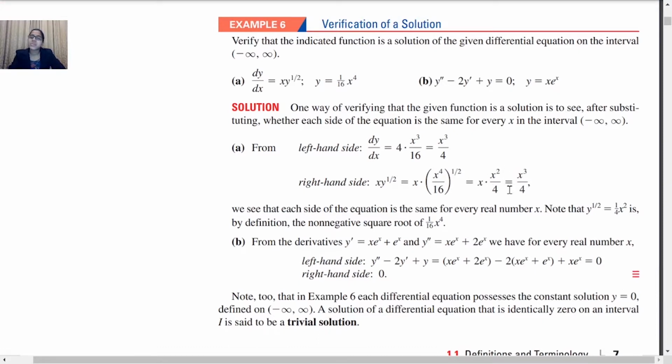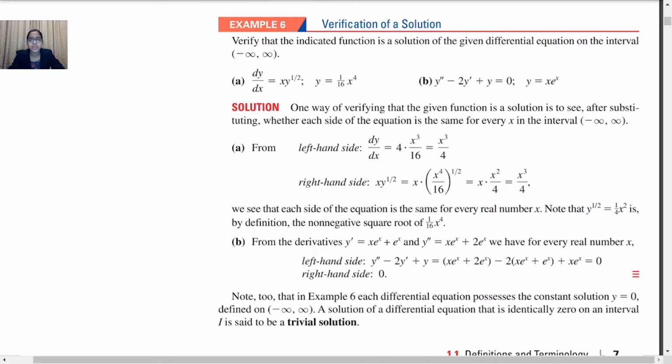So x into x square by 4 is nothing but x cubed by 4. So both these sides are equal. And also there is no problem regarding this function in the given interval minus infinity to infinity, because it's just a polynomial. Polynomials are continuous, so there's no problem with this function.